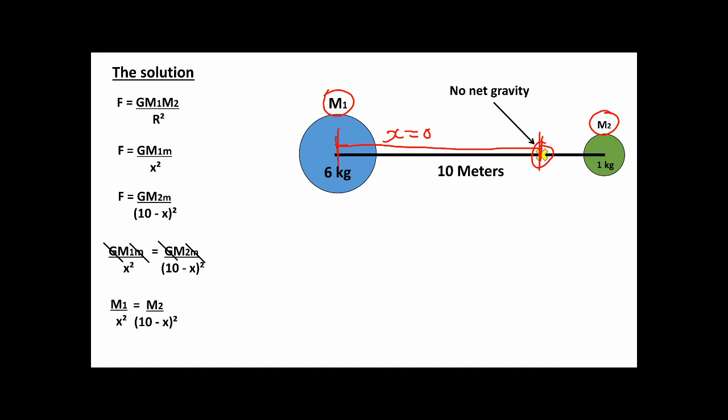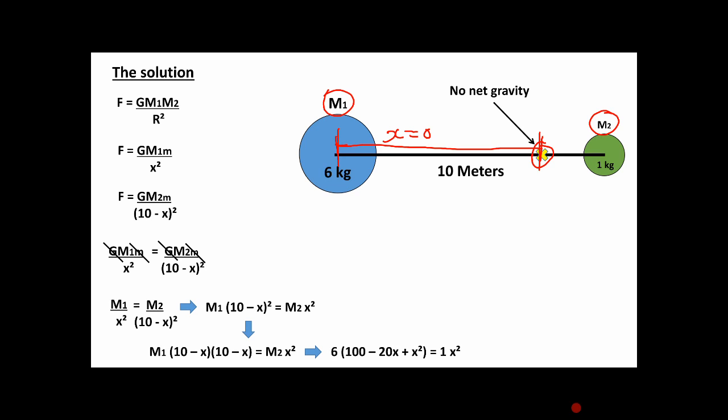Now we cross multiply, which gives us m1 times 10 minus x in brackets squared equals m2 times x squared. If we expand 10 minus x squared, that's what we end up with. I'm taking it through as many steps as I can to help you with the math.